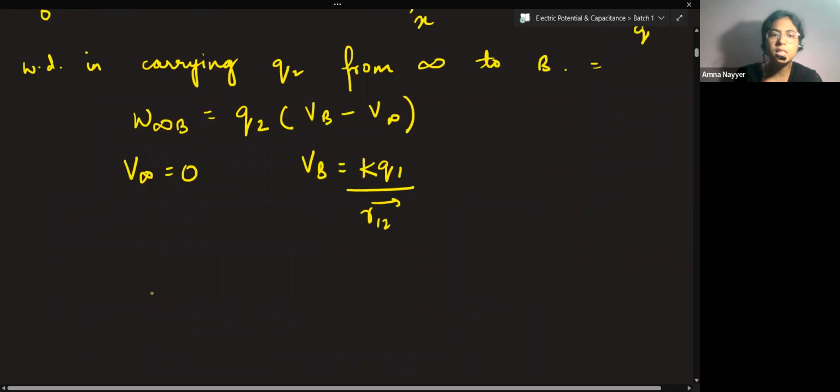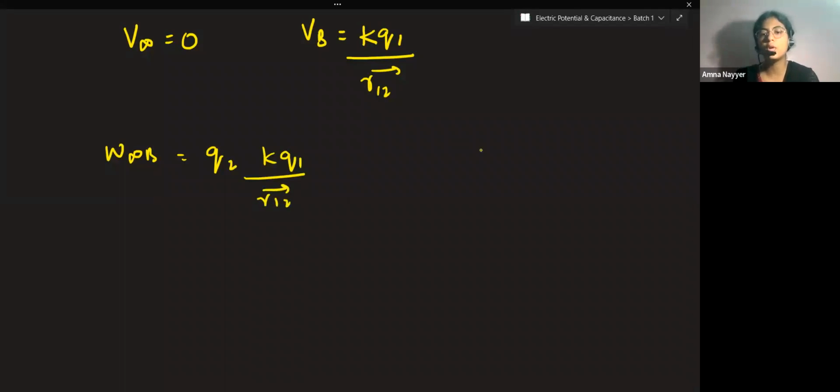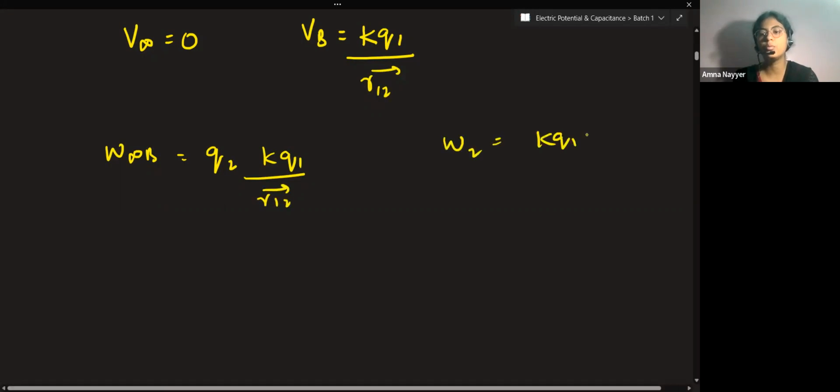So let us put these values in to check the work done in carrying charge Q2 from infinity to this point. This will be Q2 multiplied by KQ1 divided by R12. So W2 is K Q1 Q2 divided by R12.